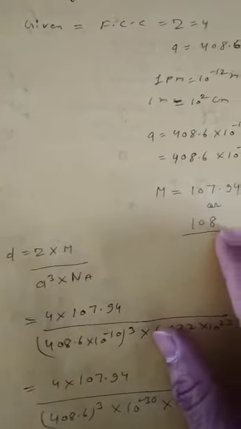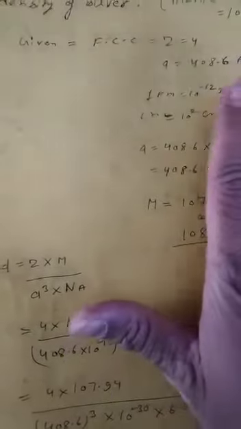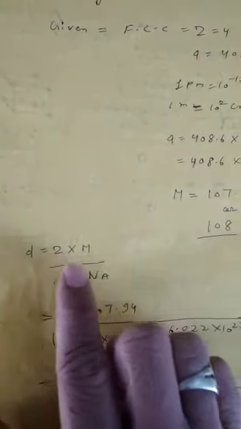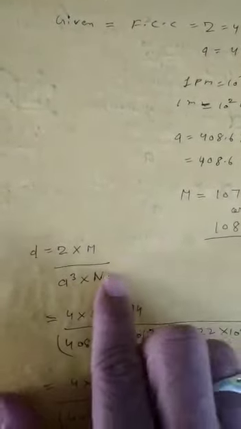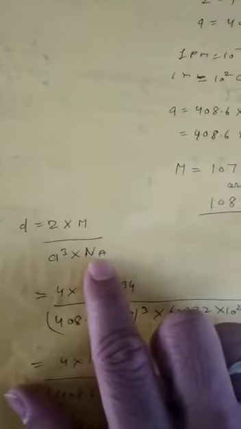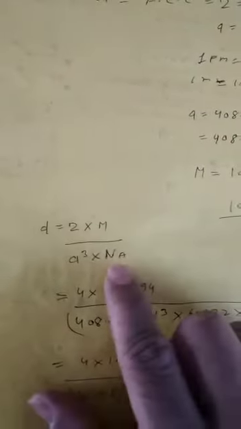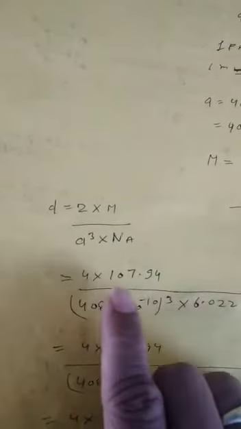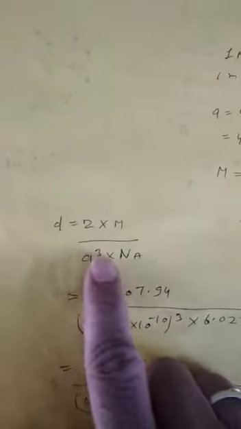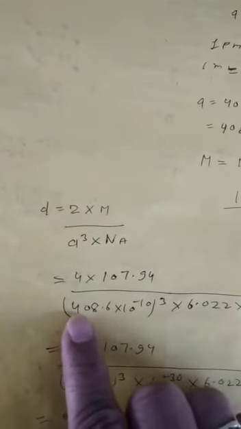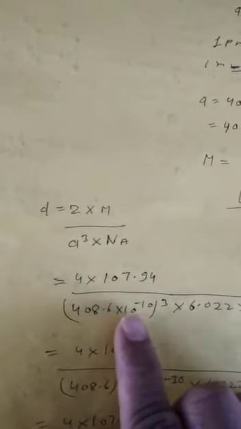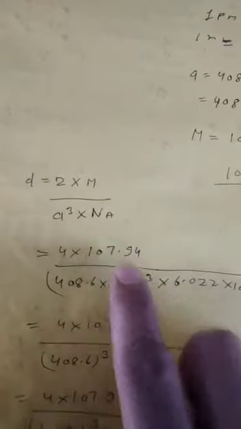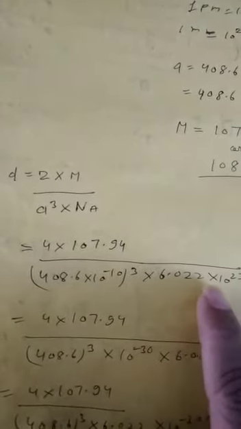So now we have to substitute all these values in the formula to calculate density. Density is equal to Z into M upon A cube into Na, where Na is the Avogadro number. So just substitute these values. Z is equal to 4, the molar mass is 107.94, and A cube, where A in centimeter is 408.6 into 10 raised to power minus 10, that whole cube, into the value of Avogadro number, 6.022 into 10 raised to power 23.